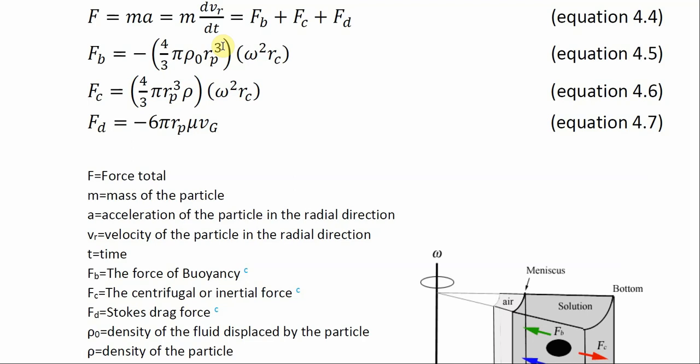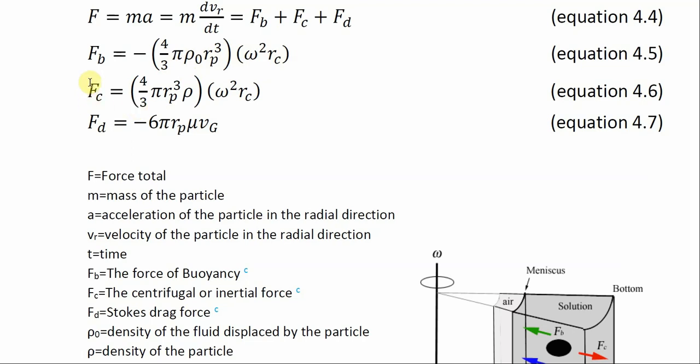So this is basically a way to calculate the volume of a sphere. So we're assuming that our particle is a sphere, which is probably a pretty good assumption considering it's a cell. So we're calculating the volume of the particle and then multiplying it by the density of the fluid it's displacing. So we have a mass right here. This is mass. And then we have an acceleration term right here, which is our angular velocity squared times the radius of the centrifuge.